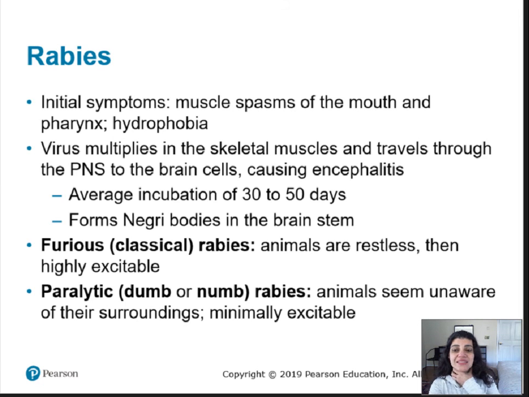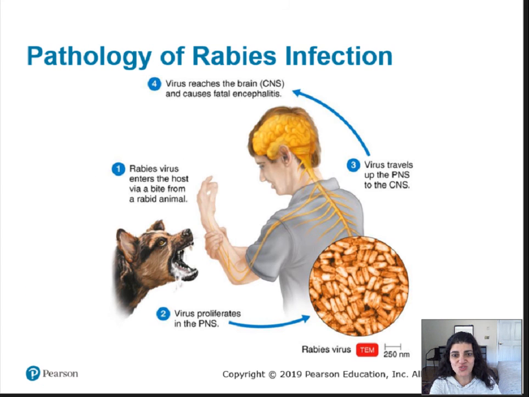Meaning what? Spasms in the pharynx and in the mouth prevent the animal from swallowing. So it accumulates saliva, where the virus is present, in the mouth, and then in a bite it's super easy to transmit. This shows how the virus, after the bite, gets through your peripheral nerves and travels to your central nervous system and causes this fatal encephalitis.